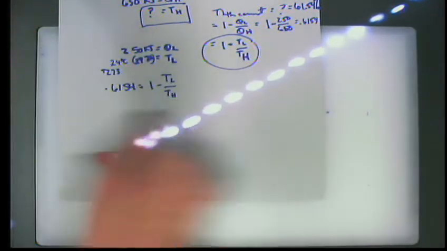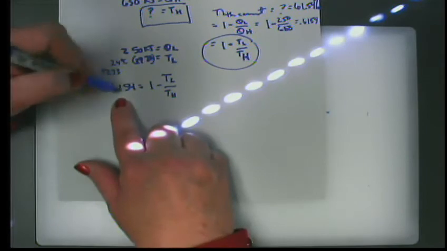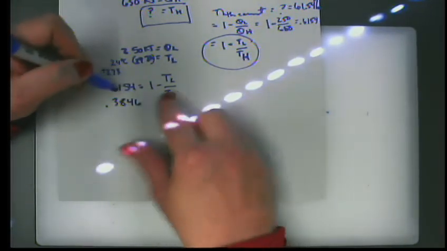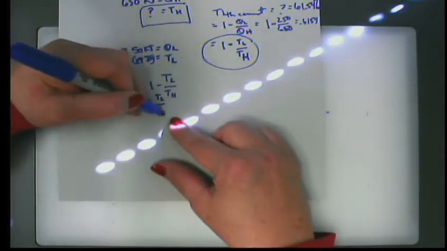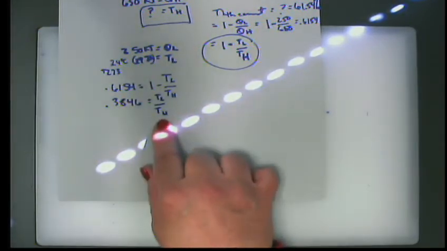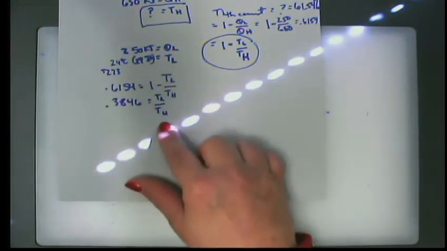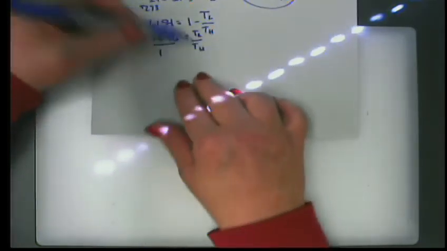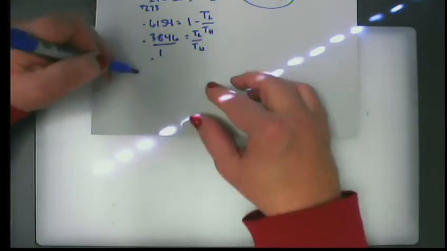Or if I take that number and I pull 1 over to this side, I get negative 0.3846 equals negative this, or I can just multiply through by negative 1. I don't have T sub H, but I do have T sub L. So I can cross multiply, or in other words, this times this is equal to this times this.